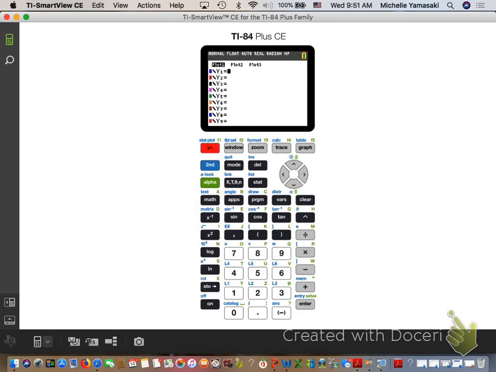Negative 1.83x, and this x is right here. Do you see that? And then I'm doing plus 19.25.